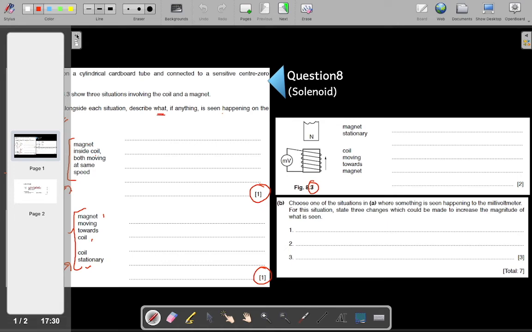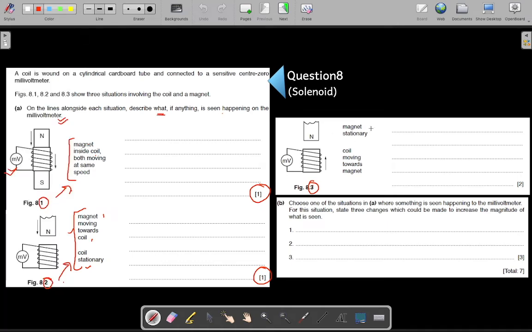Let us come to the next question. The magnet is stationary and the coil is moving towards the magnet. Now the magnet is stationary, the coil is moving. Is there a relative motion between them? Yes, there is a relative motion. Now this is a 2-mark question.